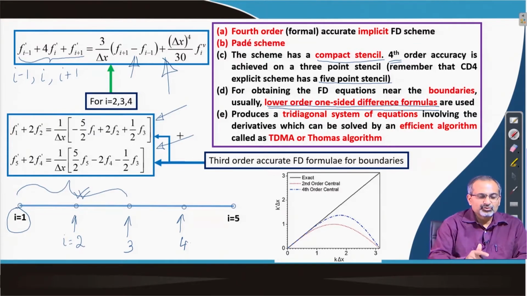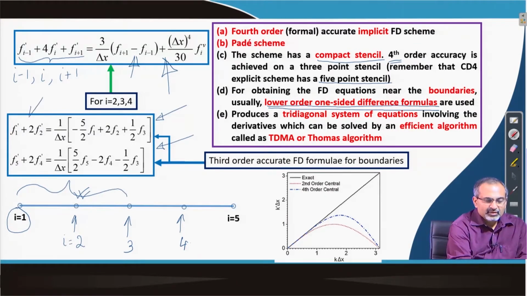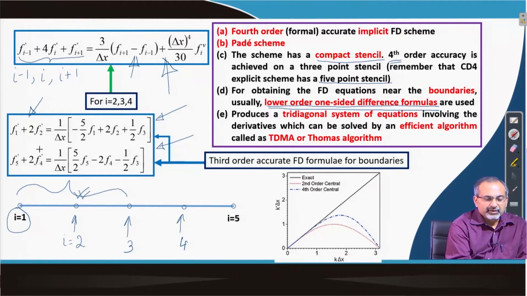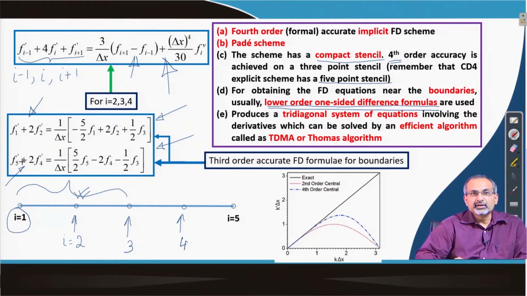So, at the left boundary you have the derivatives at points 1 and 2, and again at points 4 and 5 for the right boundary, which are showing up on the left hand side of the equations, which means that the equations remain implicit even at the boundaries.